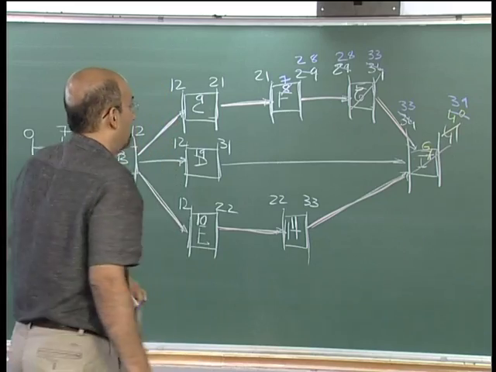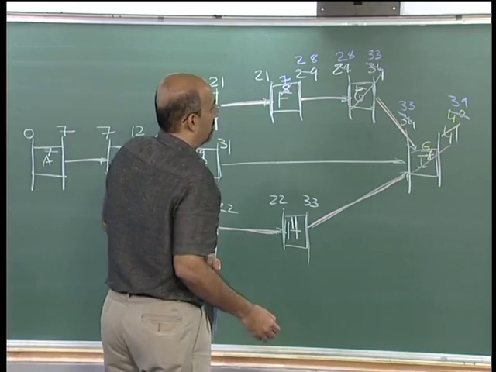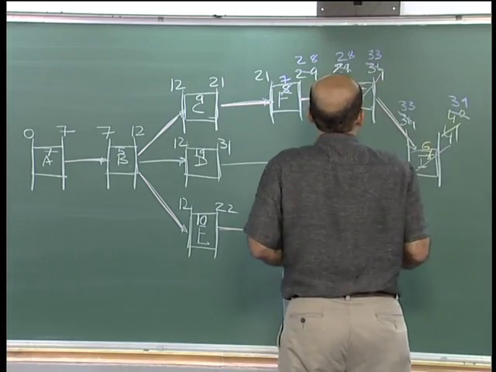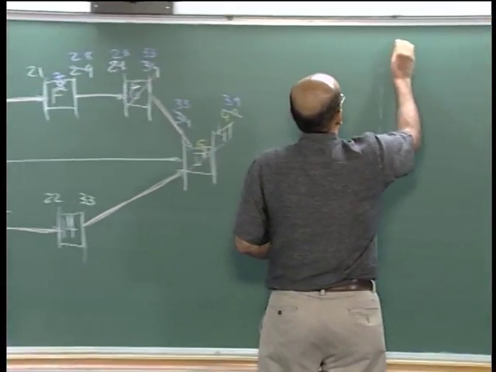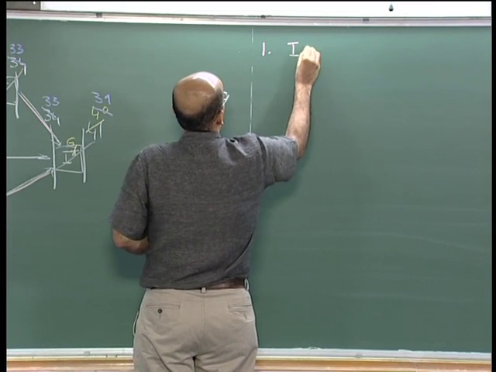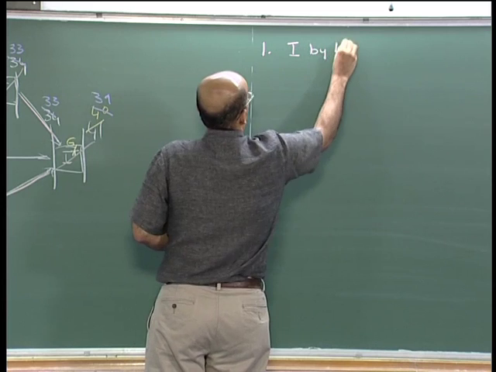Okay. So let me write that down. So now that it's getting a little more involved, I will write it down when we take it to this. So let's just recollect. Step 1 was what? I by 1 day.